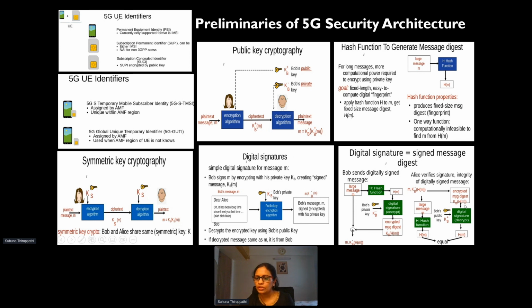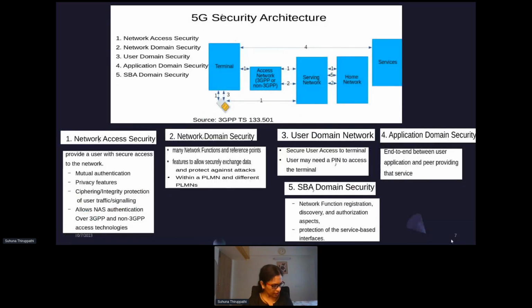Then, using the sender's public key, the message is decrypted, and again it checks: the original message is sent to the hash function, we get the message digest, and compare it with the decrypted message. If these two are equal, that means the receiver received the message from the legitimate sender.